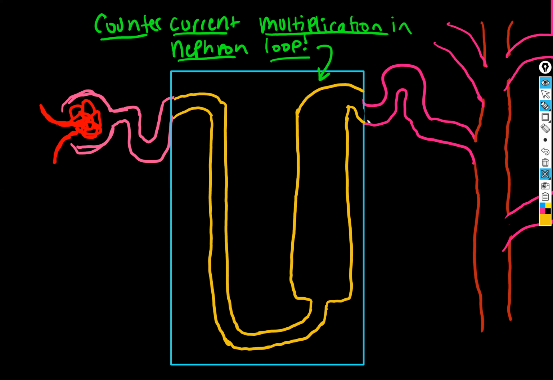So another thing is that urea, which is a byproduct of protein catabolism, so the breakdown of proteins, that substance, which is nitrogenous, is a waste, which is why pee smells like pee. You know, there's that very specific pee smell. But in addition to that, we also kind of save it in our renal medulla along with some sodium chloride to make it extra high osmolarity to power this gradient.